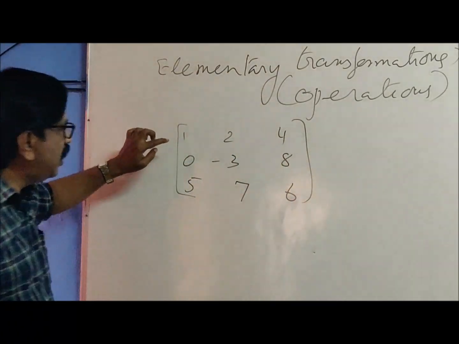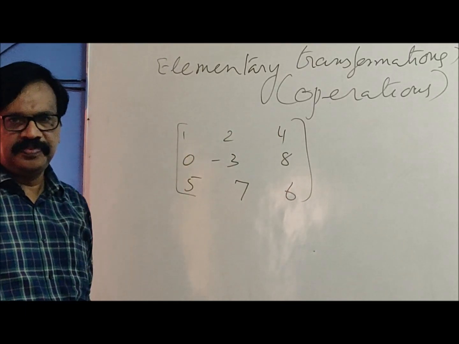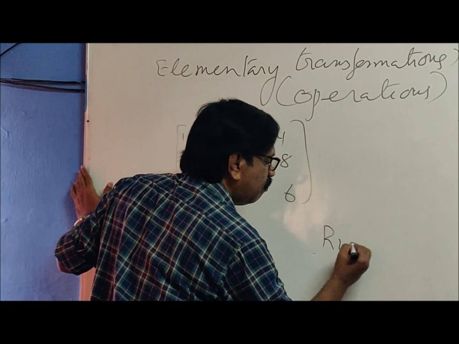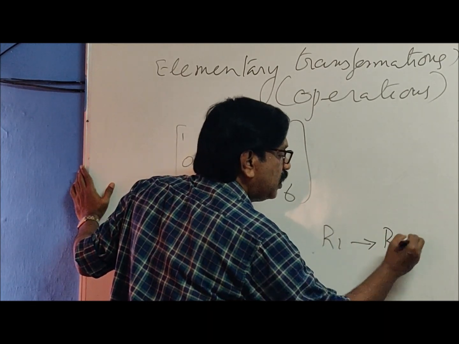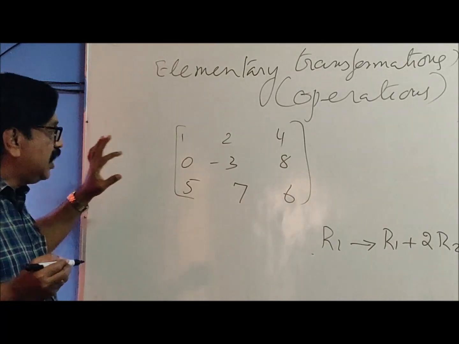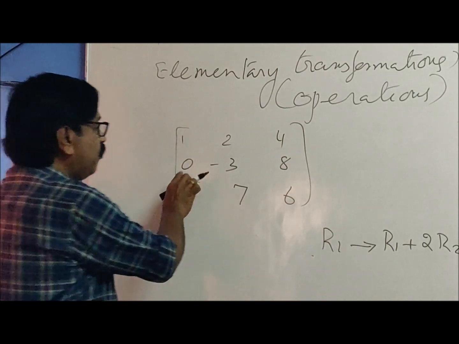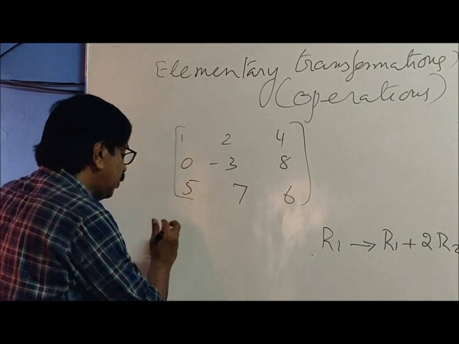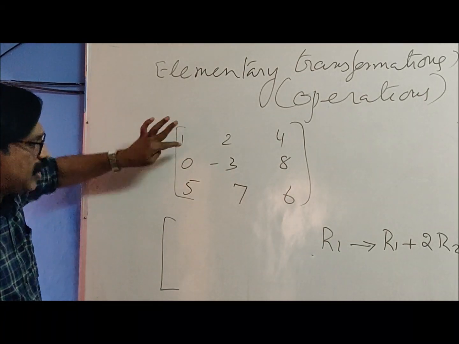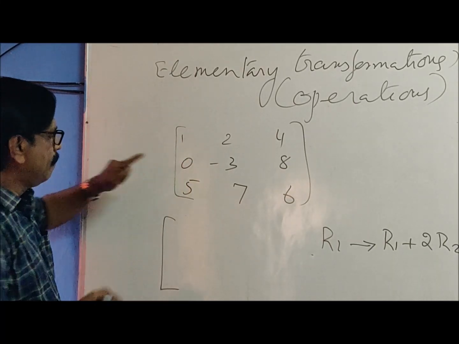The third one is the addition to the elements of any row of a multiple of another row. Suppose I replace the first row by first row plus 2 times second row. The first element is 1 plus 2 into 0, that is 1.